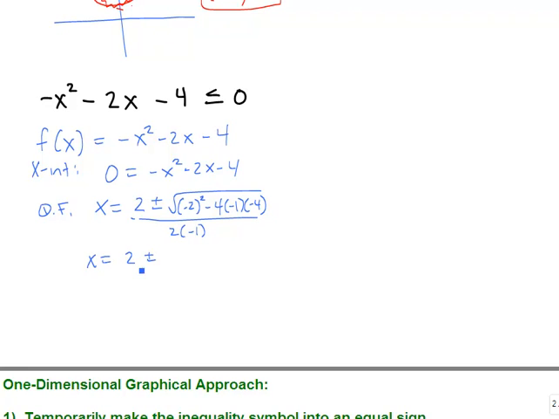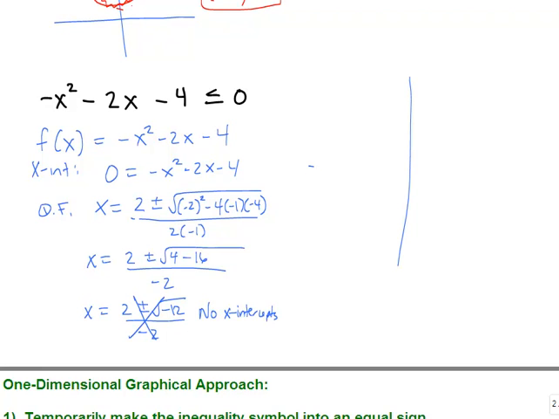So in the denominator we get negative 2. Under the radical we're going to get 4. And then I've got 3 negatives here, negative, negative, negative, so this is going to stay minus, and 4 times 4 is 16. So under that radical, 4 minus 16 is a negative 12. Again, that's a negative under the radical, so this is not a real number, so we have no x-intercepts.